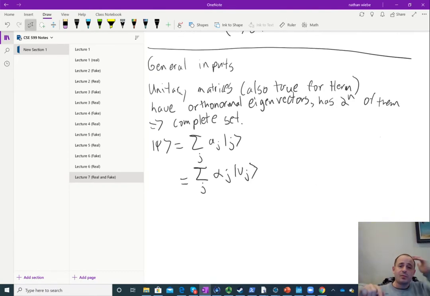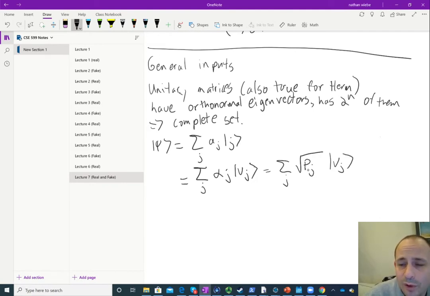But we're going to use this fact to say that if we have an arbitrary state that's input of this form, I'm actually going to rewrite this in a slightly different way. And I alluded to this in a previous lecture. I'm going to rewrite this as the sum over j of the square root of p sub j, |vj>, where these are all the amplitudes. There's technically an e to the i theta that I could put in, but without loss of generality, I can absorb those into the definition of the eigenvectors. So this is good enough for our purposes.